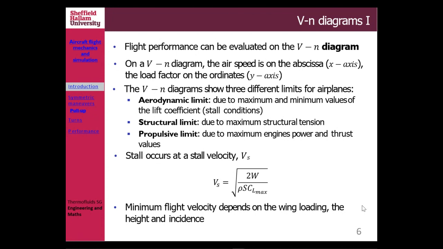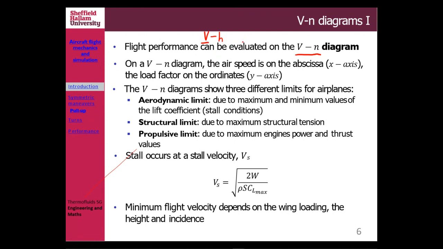So there are two representations. One is your VN diagram, which we're going to look at later on. The other is VH, between velocity and H, which is the altitude.